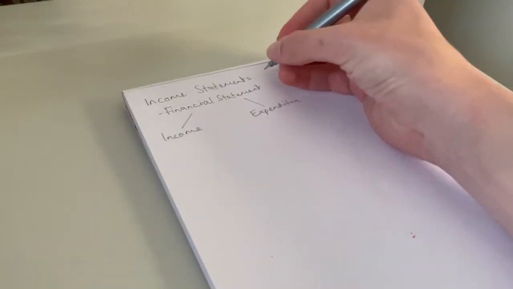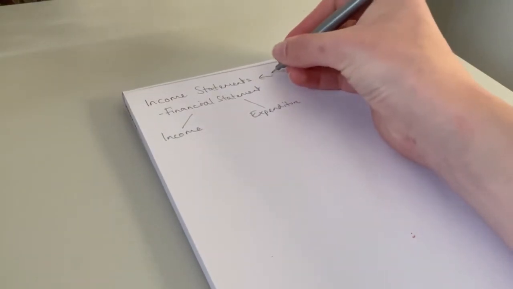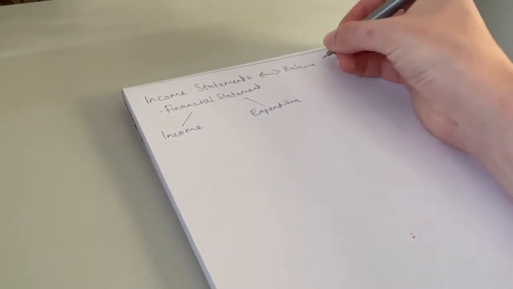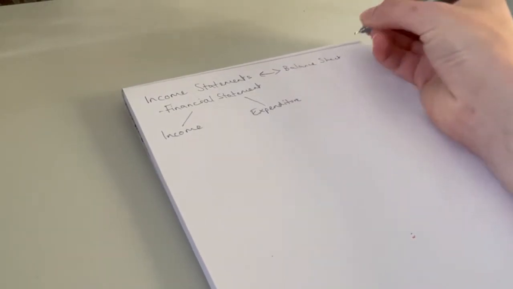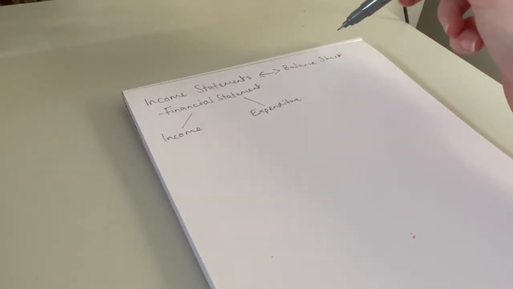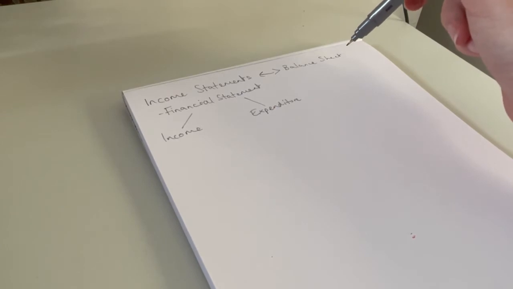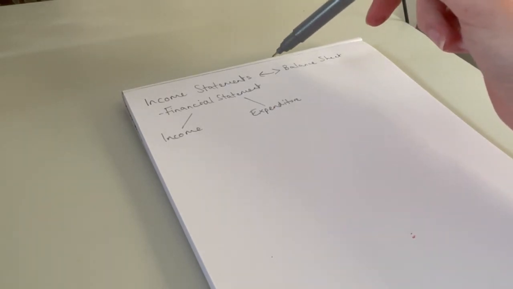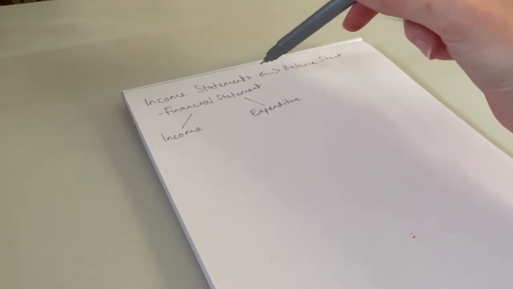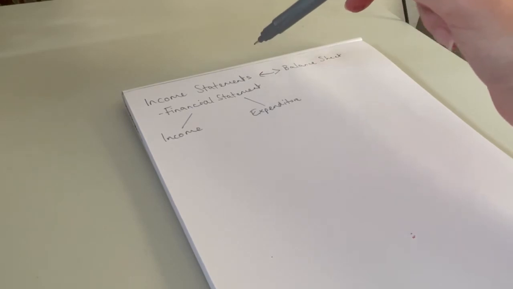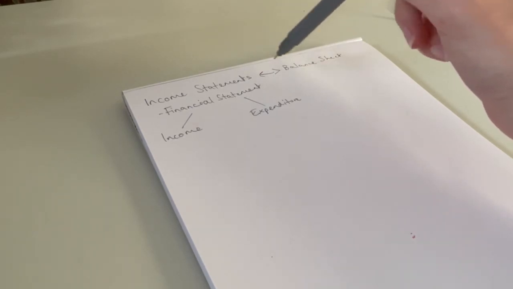Income statements usually come bundled with something called a balance sheet, and some of the numbers that appear on the income statement will also appear on the balance sheet under the same label. Now, a lot of figures in accountancy have two sides to them, what we call a debit side and a credit side.